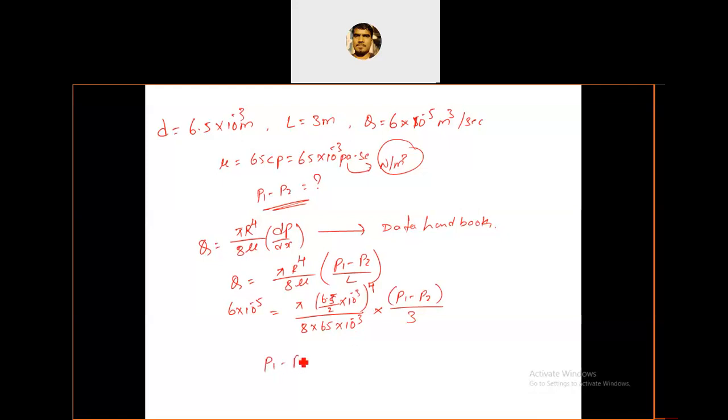P1 minus P2 is the pressure difference. If you simplify, you will get the value of 0.26 into 10 raised to 6 Pascal, that is Newton per meter square, or it is also 0.26 megapascal. So that is the pressure difference.